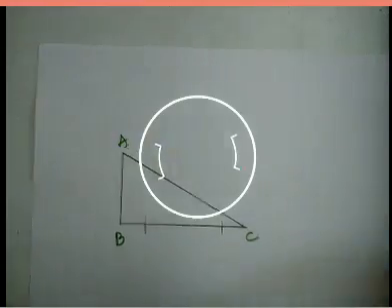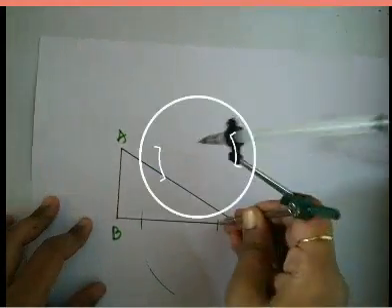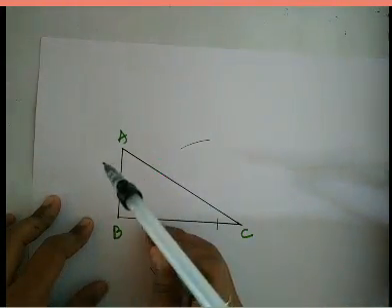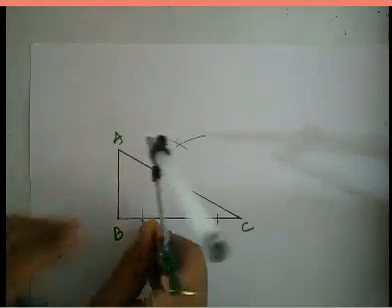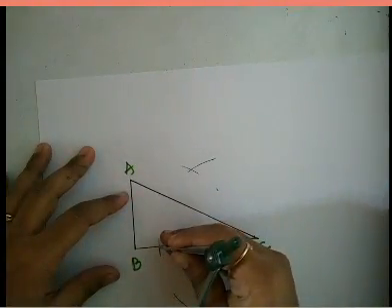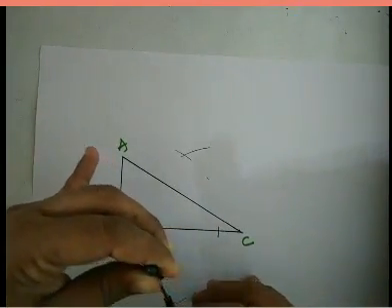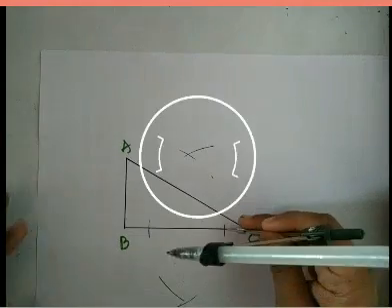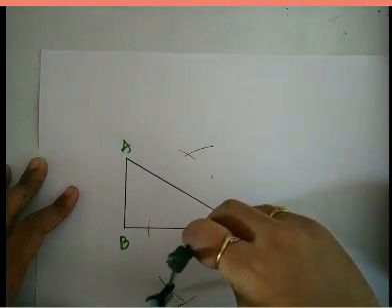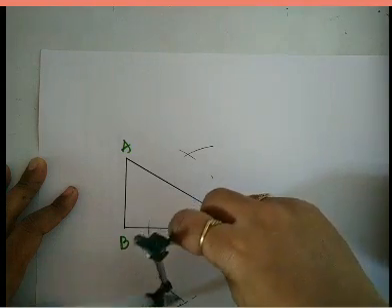Draw an arc. Now take a particular distance, draw an arc down, draw an arc up, keep the pointer here, draw an arc up and draw an arc down. If they are not intersecting, extend the first arc.